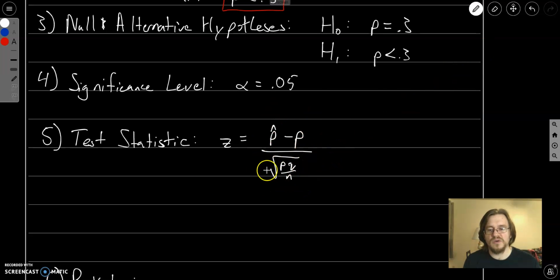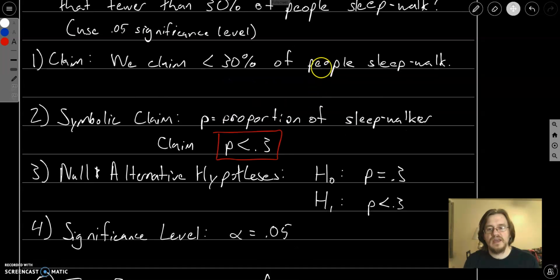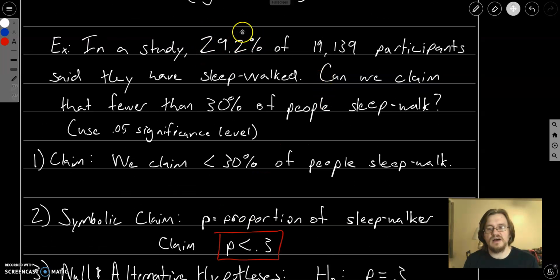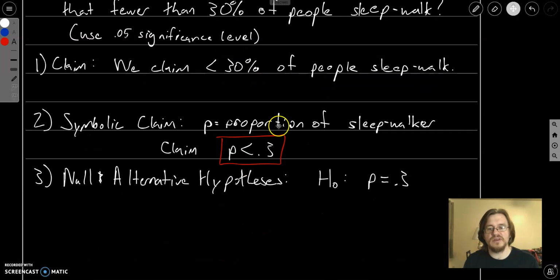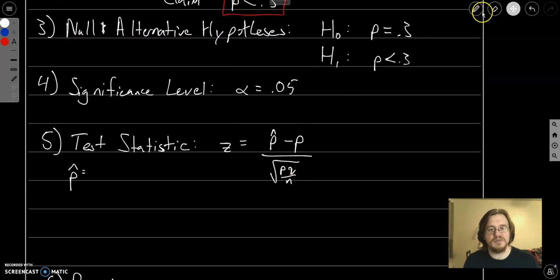So we should recall what each of these are. So p hat is going to be the proportion in our sample. And in our sample, 29.2% of people said that they sleepwalk. So p hat is going to be 0.292. P, on the other hand, is going to be our population parameter. And although we don't know what it is, this is what we are testing.